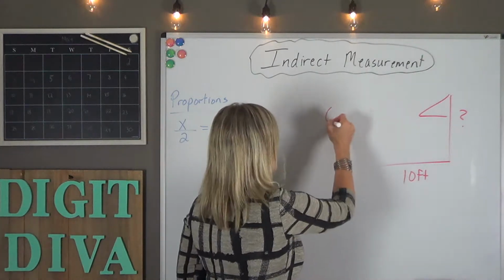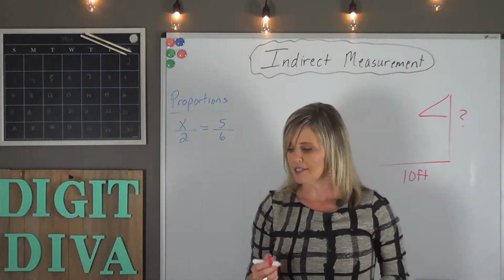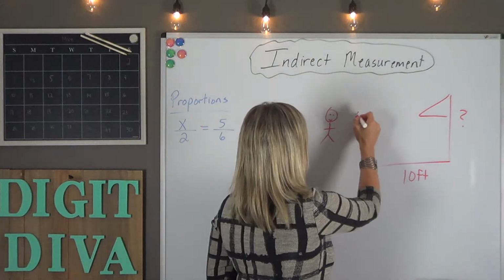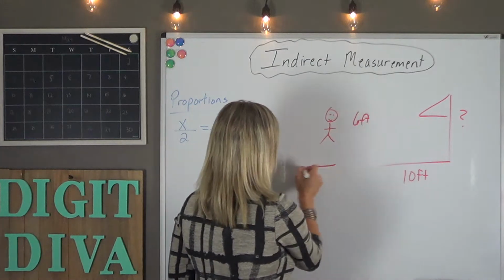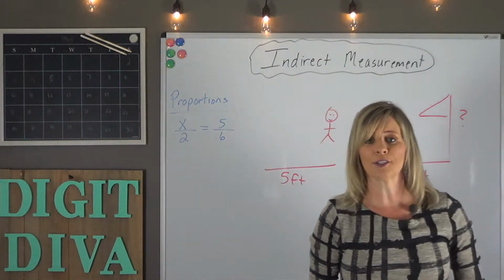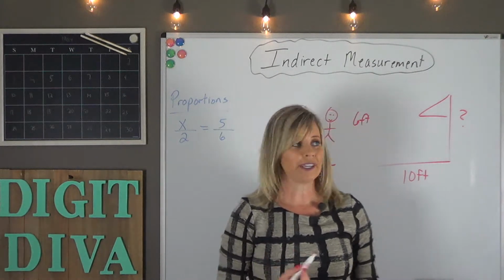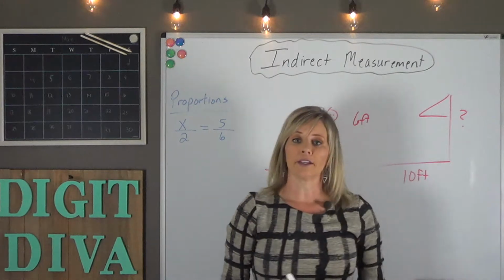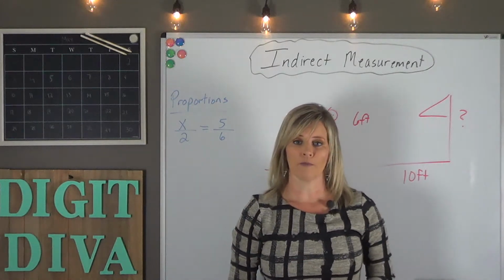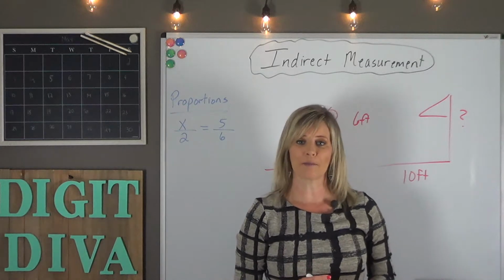And then we have a little guy, and it tells us that his height is 6 feet, and his shadow is 5 feet. So we need to determine how tall that flagpole is. It would be a little bit tricky to get a ladder and climb up to the top of that flagpole. So what you can do is set up proportions to find an indirect measurement.